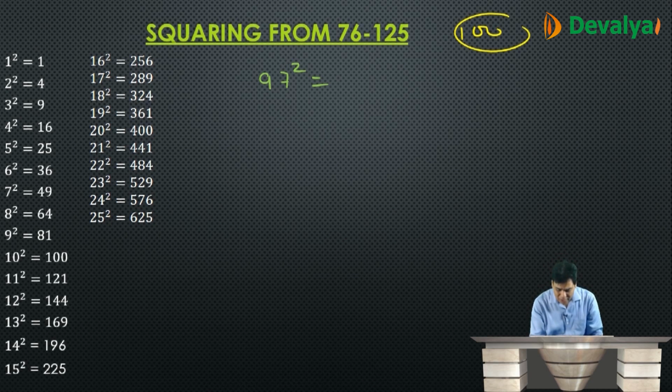So now I know the difference between the number and its base is -3. Now what am I supposed to do? I am supposed to subtract this 3 from the number itself, that is 97 minus 3. This gives me the first two digits, that would be 94.